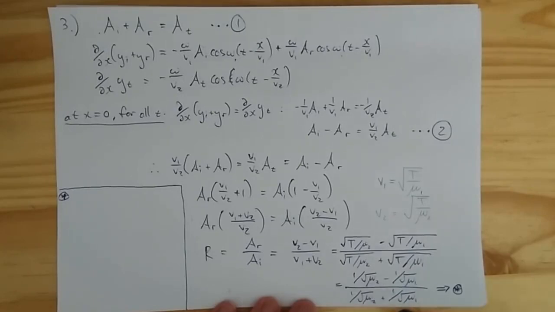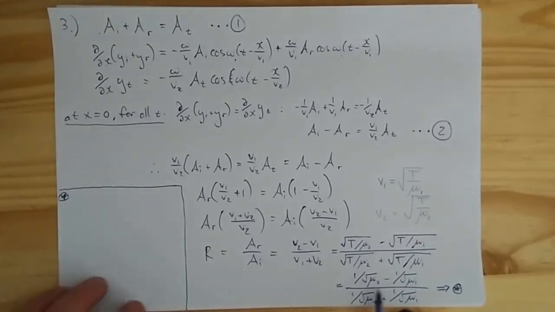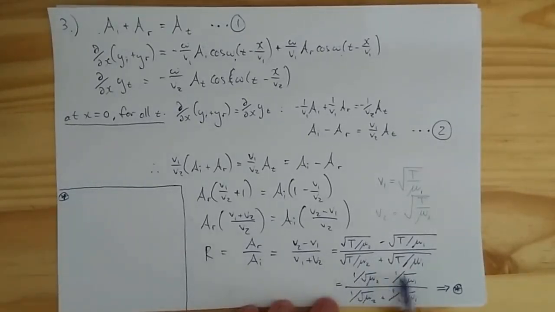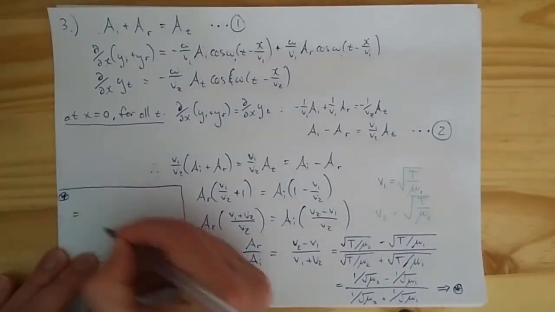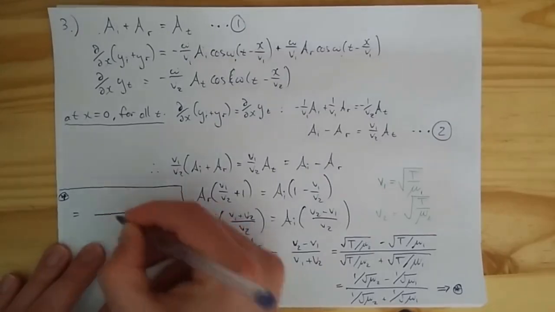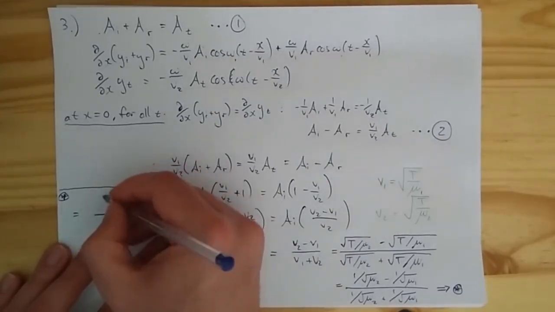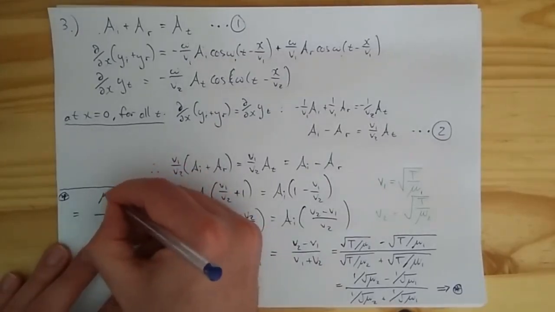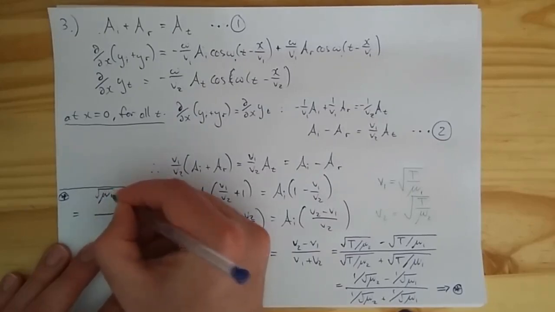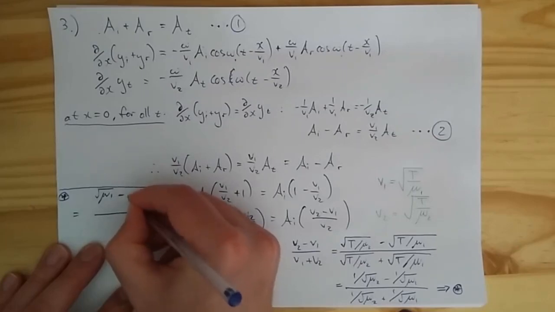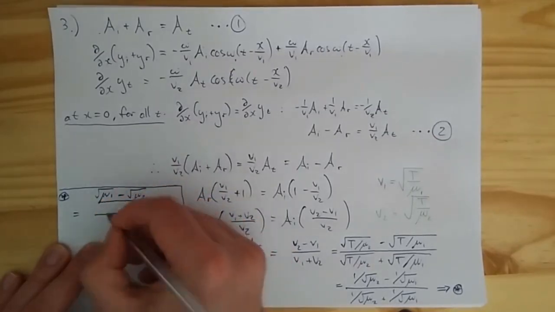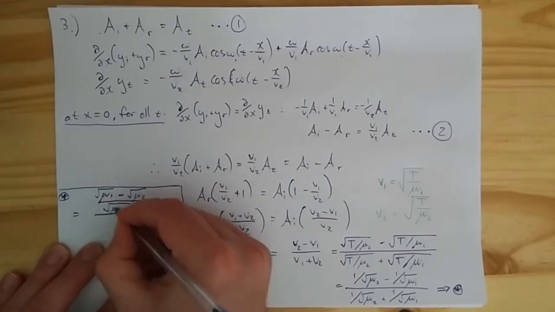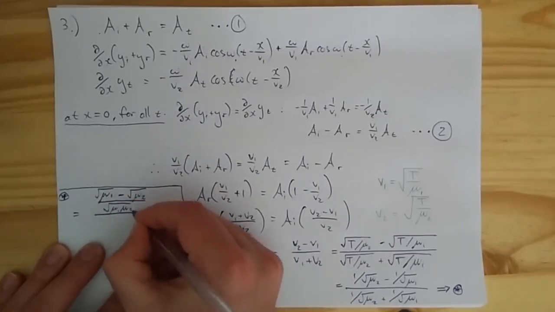Well, oh, I see. Okay, so here's 1 over something, 1 minus 1 over something. So I'm just going to write that as equal to, this will become square root of mu1 minus square root of mu2 over the square root of mu1 mu2.